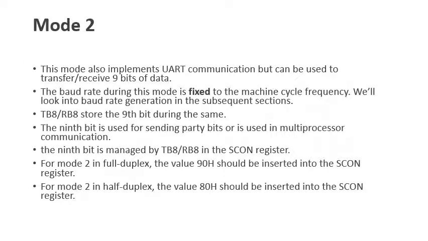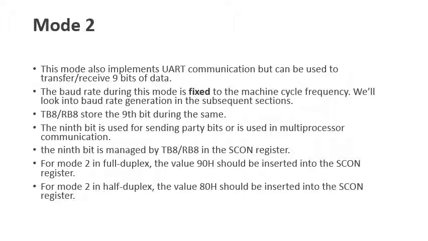Mode 2. This mode also implements UART communication but can be used to transfer or receive 9 bits of data only. The baud rate during this mode is fixed to machine cycle frequency. We will look into the baud rate generation in the subsequent section. TB8 and RB8 store the 9th bit during the same.